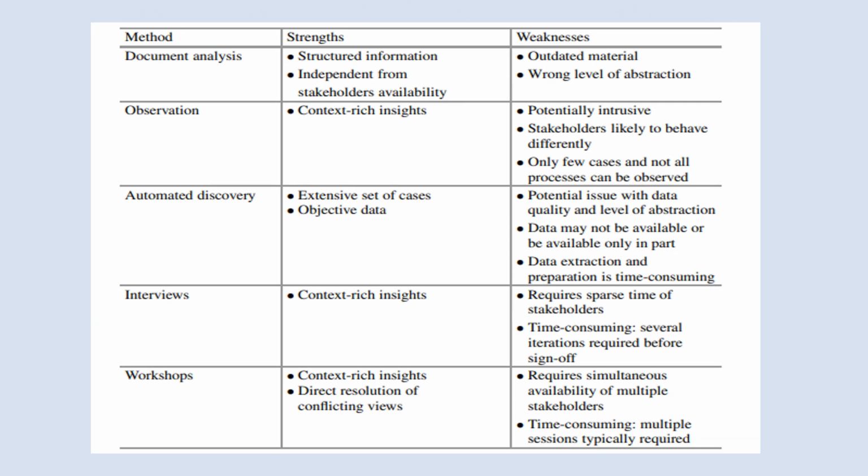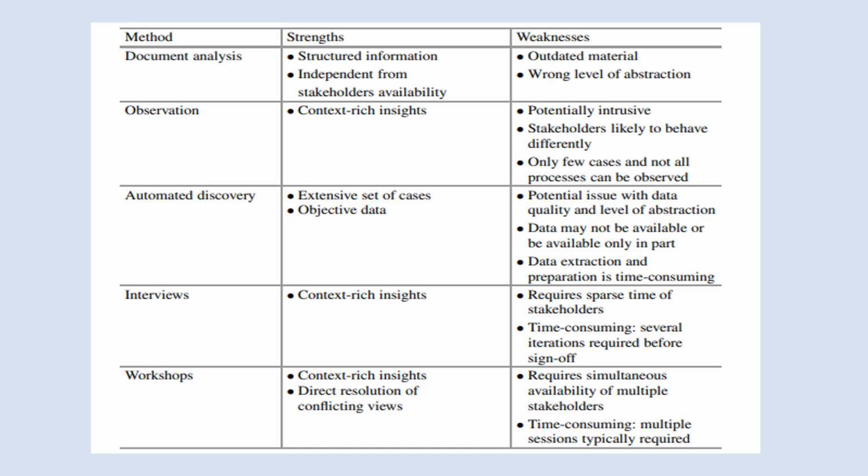Let's see the different methods, their strengths and weaknesses. Document analysis. The strengths are structured information, independent from stakeholders' availability, and the weaknesses are outdated material and wrong level of abstraction. Second, observation. The strength is context-rich insights, and the weaknesses are potentially intrusive, stakeholders likely to behave differently, and only few cases, and not all processes can be observed.